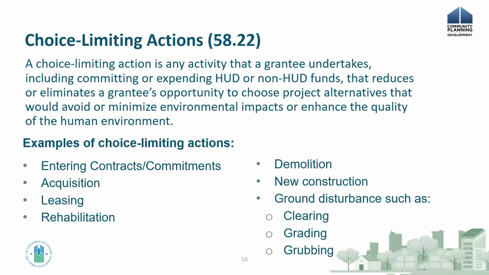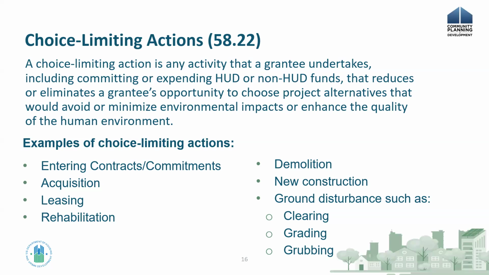Some examples of choice limiting actions, as you see here, include acquisition, rehabilitation, demolition, new construction, and ground disturbance. Three examples of ground disturbance there are clearing, grading, and grubbing. Entering into contracts or commitments for hard costs for construction or any other hard cost work is also a choice limiting action.